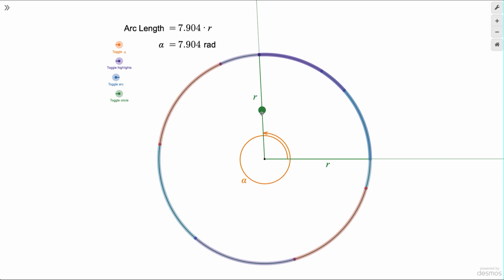So here's 2.5 pi. A right angle would be half pi, or pi over 2. Here would be 3 pi. And if I go all the way around twice, looping around twice, this would be an angle of 4 pi.